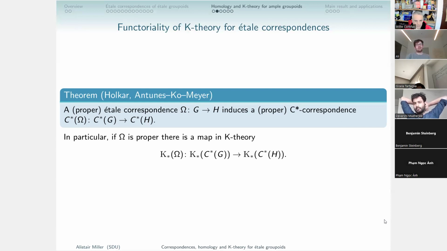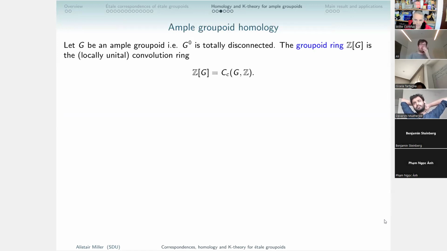And so if this thing's proper, you get a map in K-theory, because we know that these guys work well with respect to K-theory. So that's the top layer of the diagram sorted, so that's good. And I've got this slide just in case we want to talk about what ample groupoid homology is. I'm not sure I have time to go through it properly.